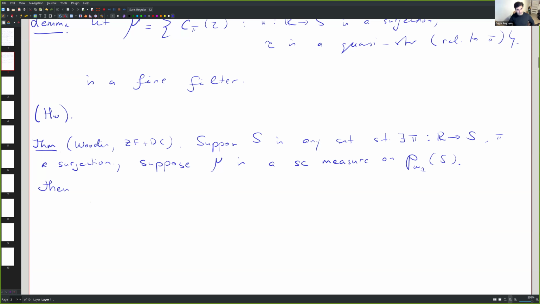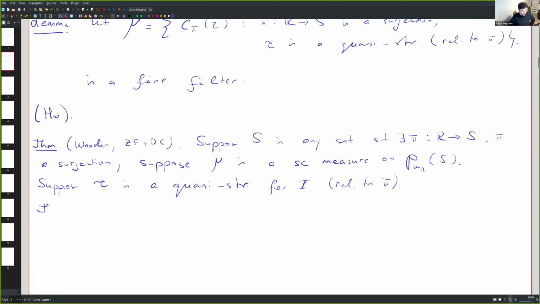Oh, I should have also supposed one more thing. Suppose tau is a quasi-strategy for one relative to I, right?